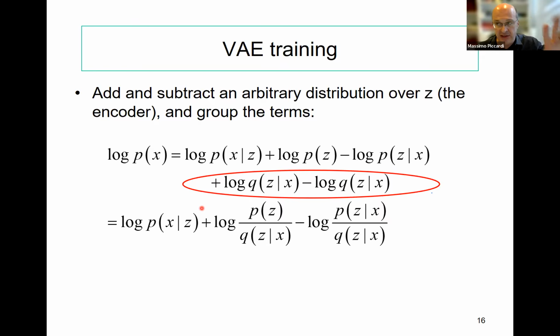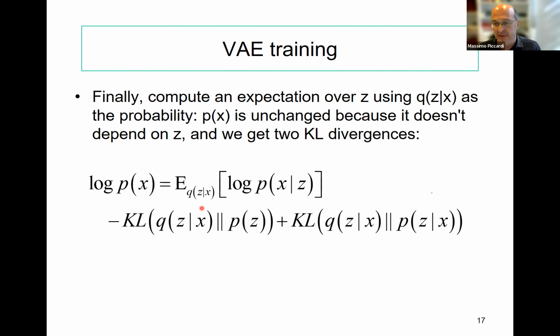So the left-hand side with the expectation remains log P of X. On the right-hand side, you got the following terms: the expectation using Q of the log P of X given Z, which represents our decoder, and then two Kullback-Leibler divergences between the distributions that you see as arguments. A divergence is simply something that is zero if the two distributions that are arguments are identical. The more they diverge, the more it grows in value. So computing the expectation of the left-hand side and right-hand side gives us this famous formula here.